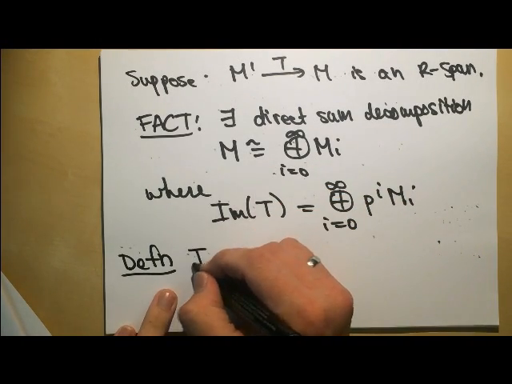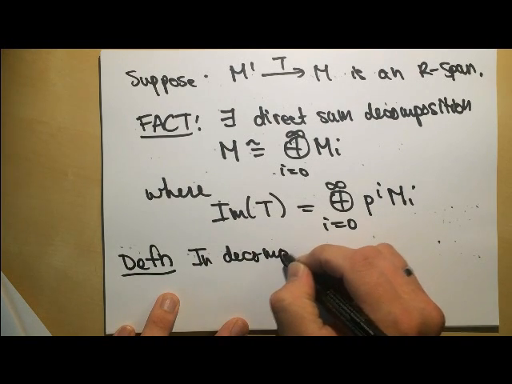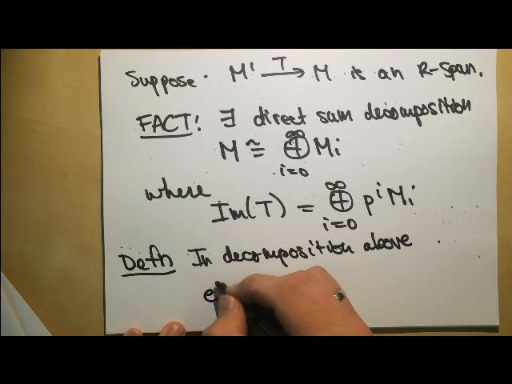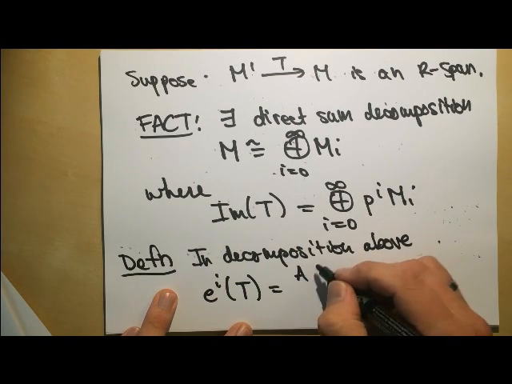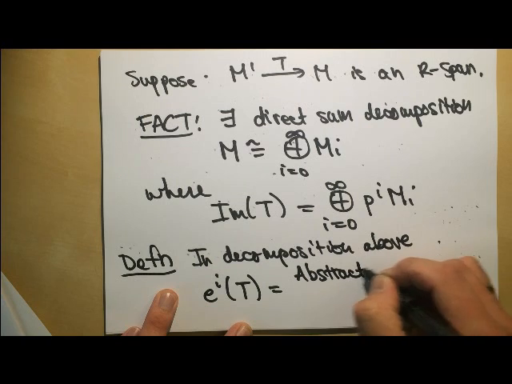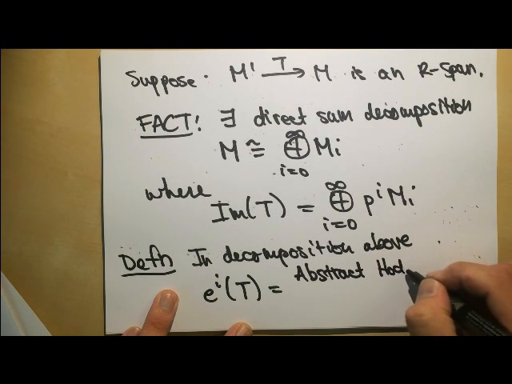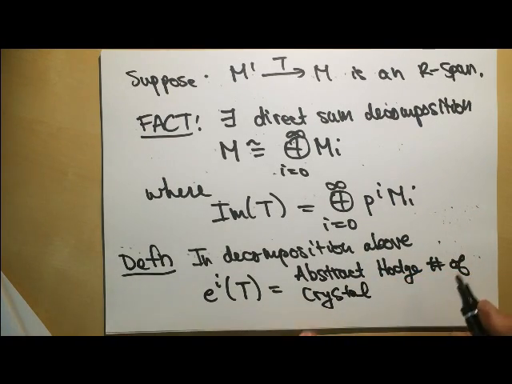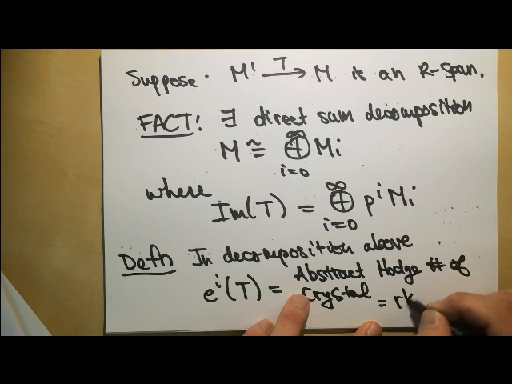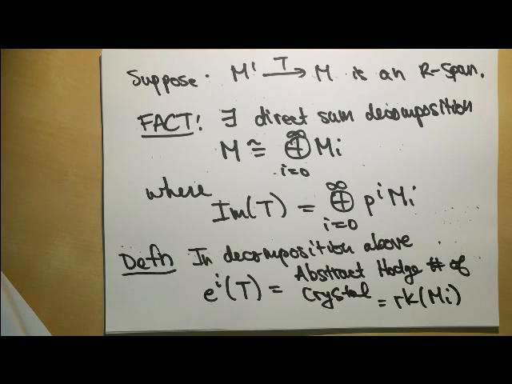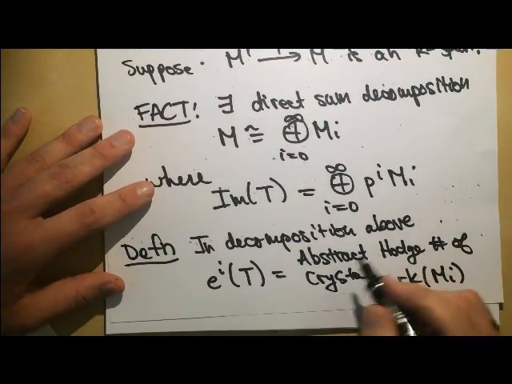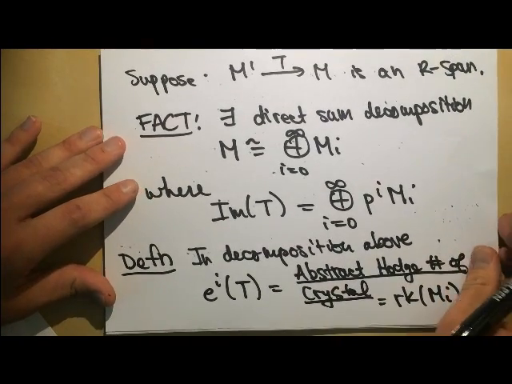In this decomposition above, we say that e_i of T, so this is the abstract Hodge number of the crystal, is going to be equal to the rank of this piece here, M_i. Okay, so this is the definition of the abstract Hodge numbers of the crystal, or something like bizarro Hodge numbers.